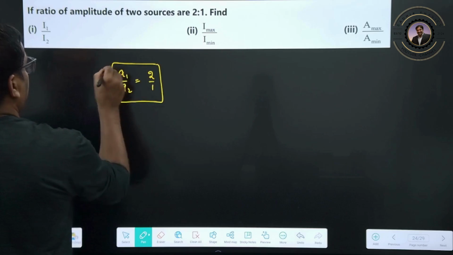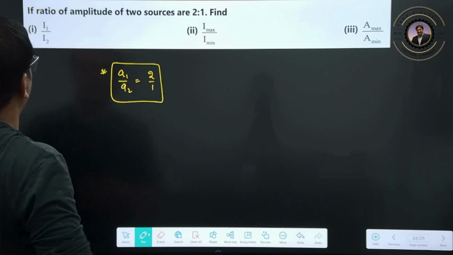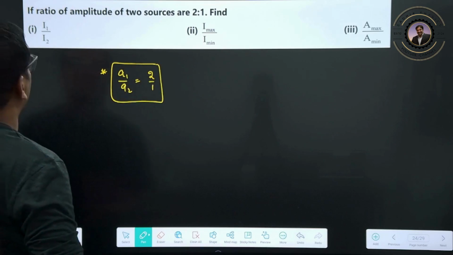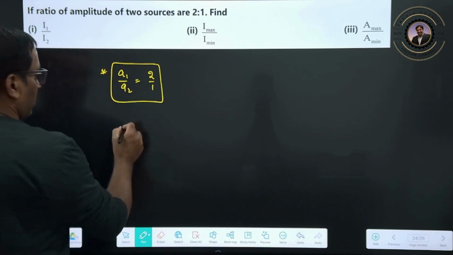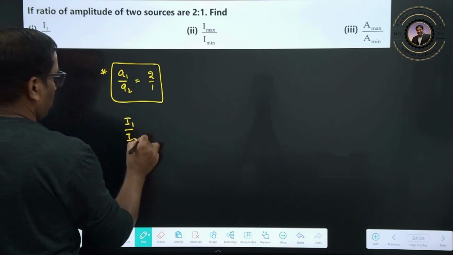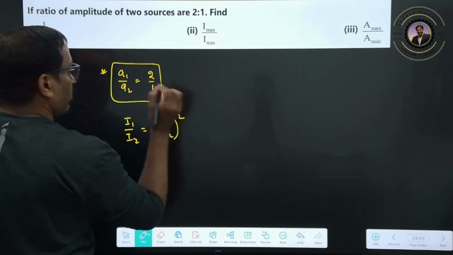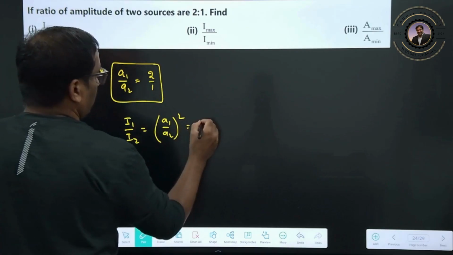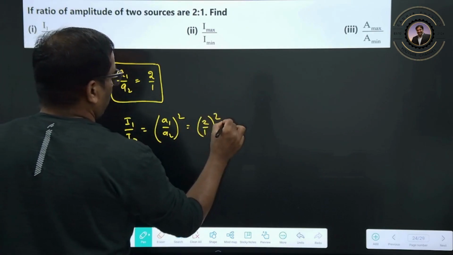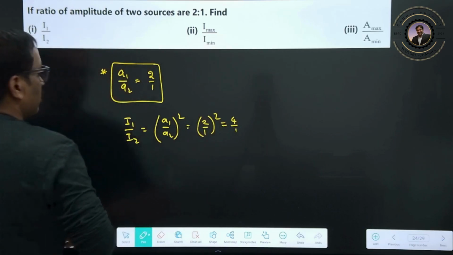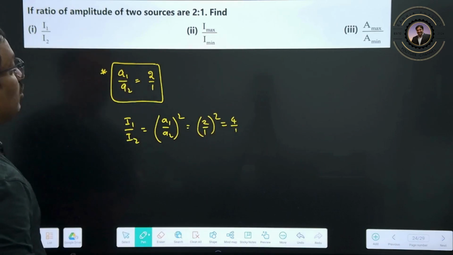He is asking I1 by I2. So here I1 by I2 is proportional to A1 by A2 whole square. Therefore you can write 2 by 1 whole square, 4 by 1. This is I1 by I2, clear.